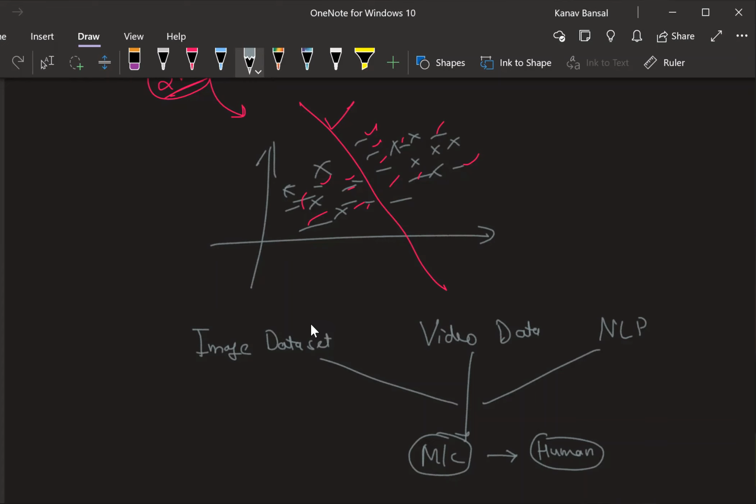So I was saying, Aarti, that on image data, video data, or natural language or text data, most of the time machine learning algorithms are able to beat human level accuracy. So that's why it is picking up so much, right?